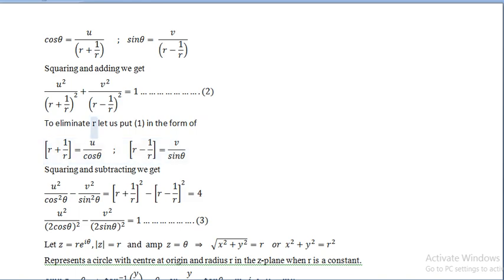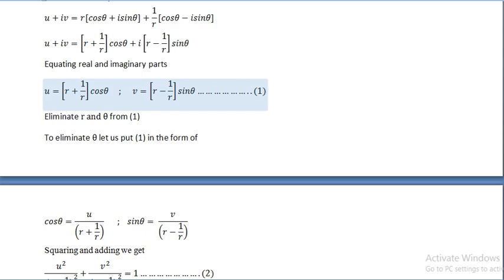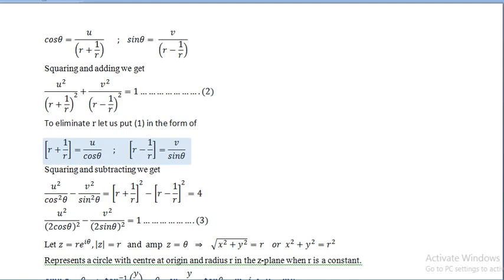Now we eliminate the r term in equation number 1. Once again we rewrite equation 1 to eliminate r as r + 1/r = u/cos θ and r - 1/r = v/sin θ. Now we square again, but here we subtract the two terms. In the previous step we squared and added, but here we square and subtract.